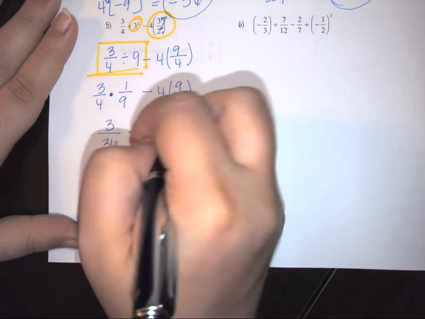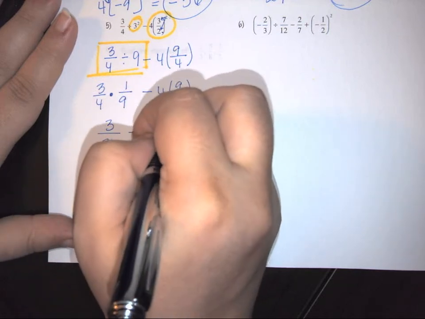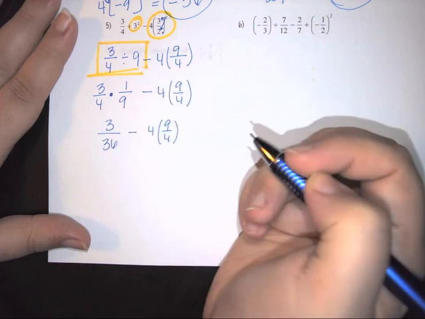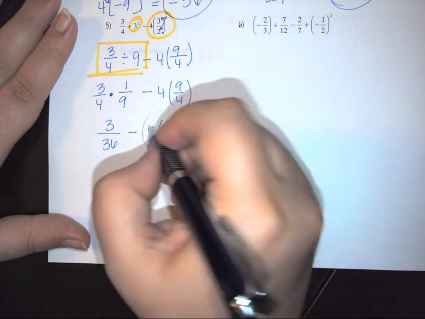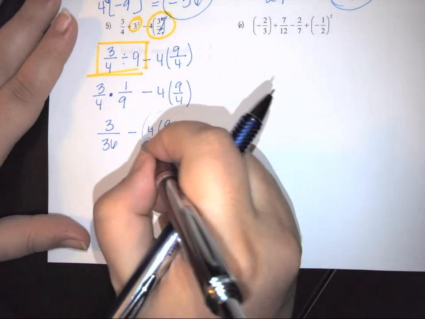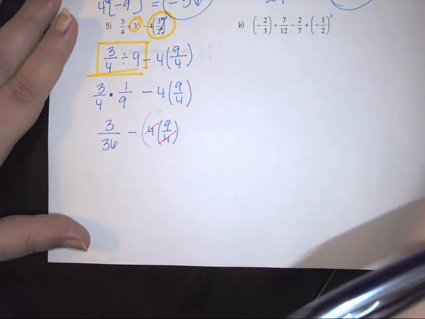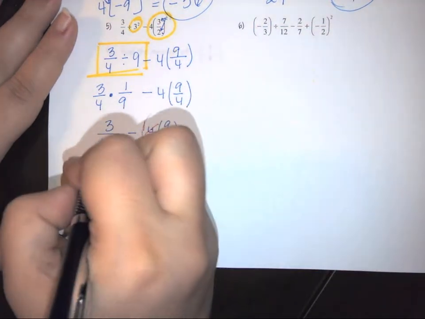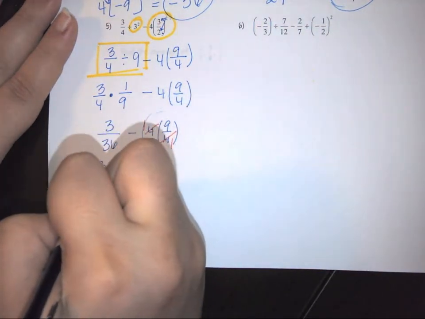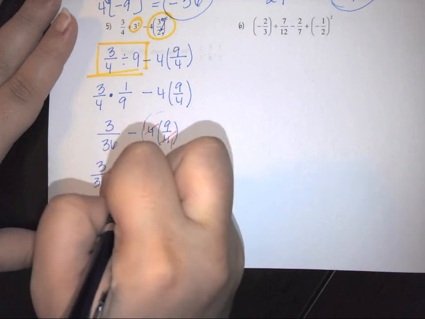And then this is minus 4 times 9 over 4. I can now do this multiplication. 4 over 4 is going to cancel, so these are going to go away and leave me with just straight ones. So this is going to be 3 over 36 minus 9.